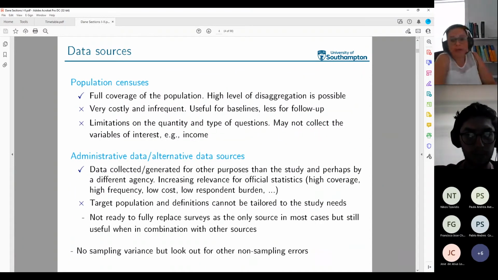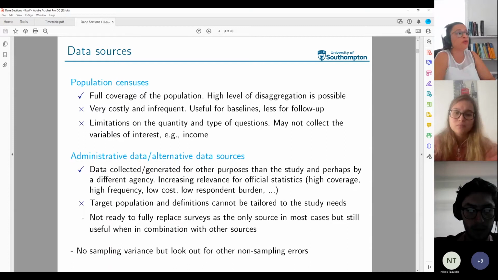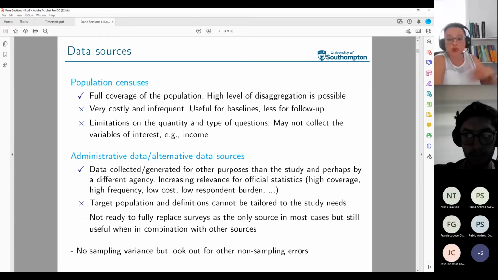We also have, as additional tools, population censuses, and population censuses tend to be, particularly in developing countries, the gold standard for data. They, at least in theory, offer full coverage of the population, meaning the only thing that you need in terms of inference is to sum, count, generate a table. You don't need to perform any additional processing.